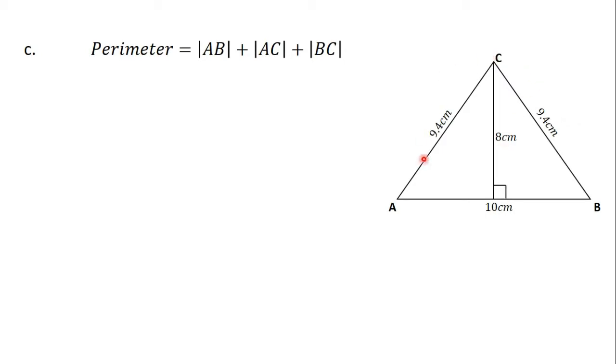We are looking for the distance around the triangle, which is AB plus AC plus BC. And this is going to give us 10 centimeters plus 9.4 centimeters plus 9.4 centimeters, which will give us 28.8 centimeters.